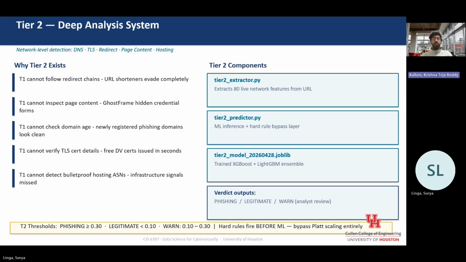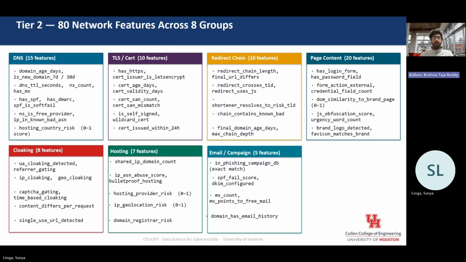For tier 2 we collected about 80 features across 8 groups. DNS tells us how old the domain is, whether it has proper email security records like MX records, where the IP address is coming from, and whether there is any bad name server or a free provider, since phishing toolkits like to use free providers.